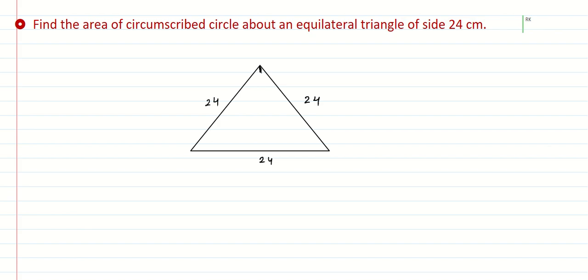Which means it's outside or inside? The circle must be outside, touching all the vertices of the triangle. So I must take the bigger one, no? Correct. Now, this is the half. I know how to find the height, right? How to find the height, remember?